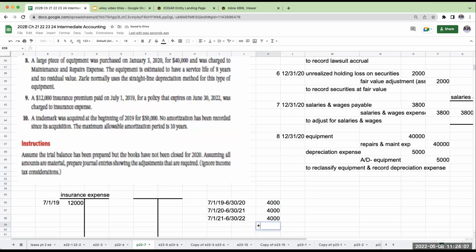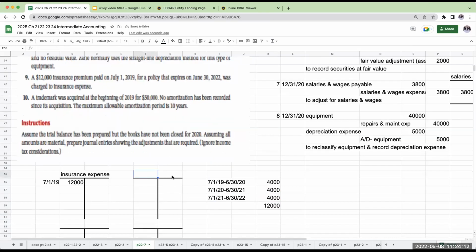So over here, the $12,000 insurance premium is really for 3 years worth of coverage. Now, when I look at this for 2020, my insurance expense, because what's going to happen with this insurance expense is it's going to be closed out to retained earnings. So my actual amount of insurance expense, because I have to show what I used for 2020, is going to be a full year, or basically 1/1/20 through 12/31/20.